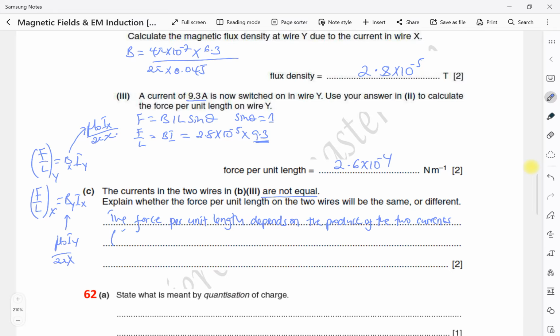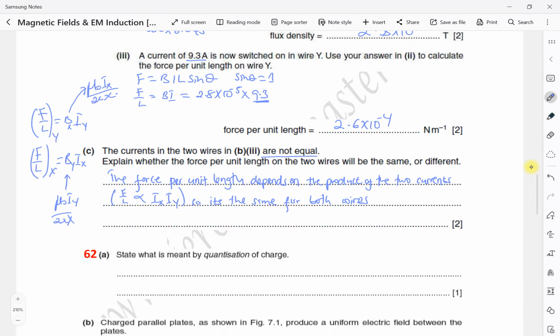In brackets, F over L is directly proportional to current in X times current in Y. So it's the same for both wires.